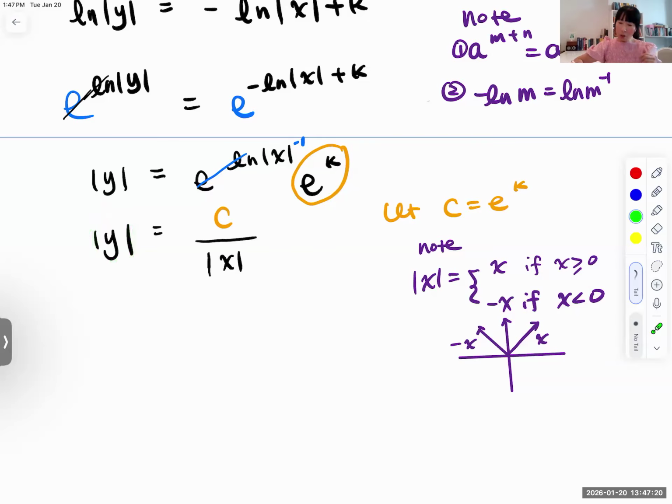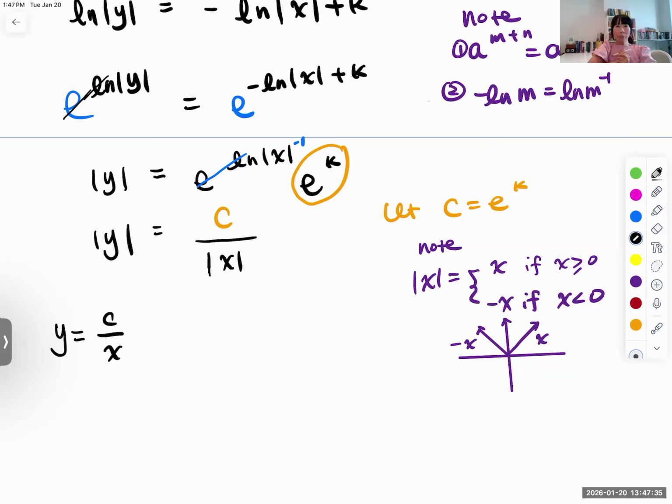All right, so let's write down. We want to write down this way. The general solution, y equal to c over x.